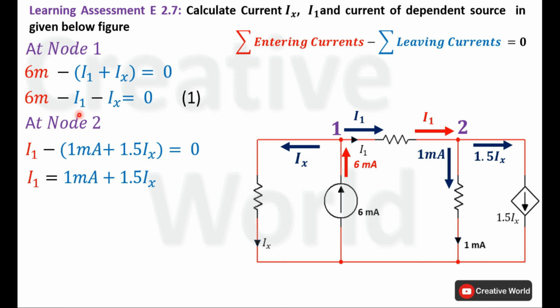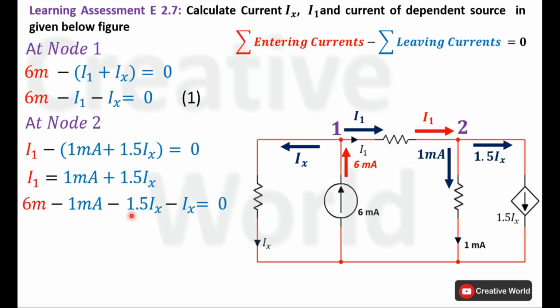So we will be able to calculate the value of Ix, and if we succeed in finding the value of Ix, we will place that value of Ix here in this equation and we will be able to calculate the value of I1. So place the value of I1 into equation 1. Here in this equation, the value of I1 is replaced with 1 milliampere plus 1.5 Ix. And because of the minus sign, these two entries also become negative.